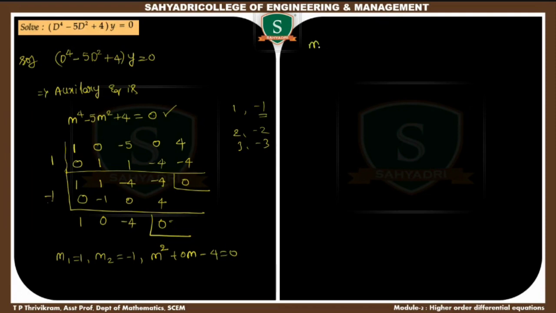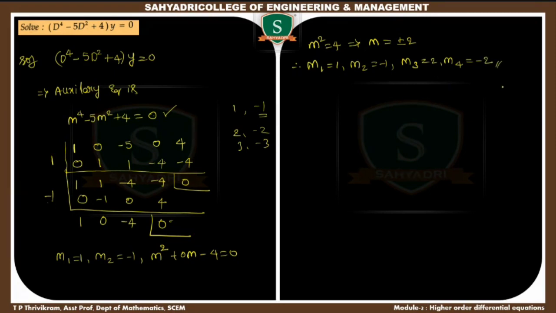So we'll get m square equal to 4, implies m equal to plus or minus root 4, that means plus or minus 2. So therefore the solutions are m1 equal to 1, m2 equal to minus 1, m3 equal to 2, m4 equal to minus 2.